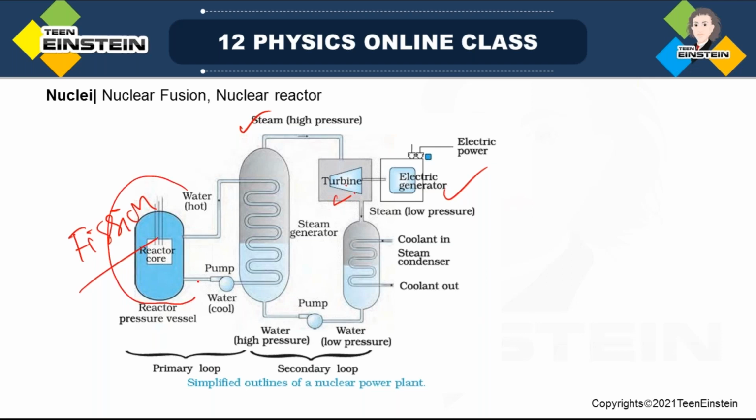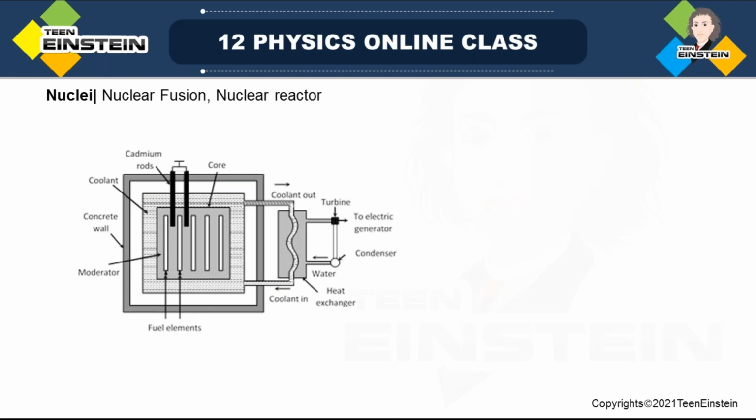Now we'll see inside this vessel, the nuclear reactor itself, what the things are there. We will learn in great detail about this particular box, the nuclear reactor core. In the nuclear reactor there are a few important parts.